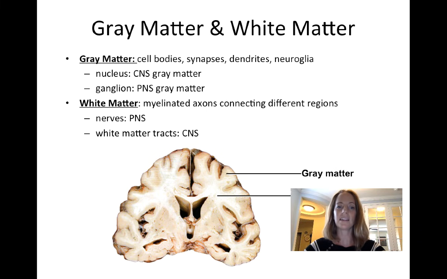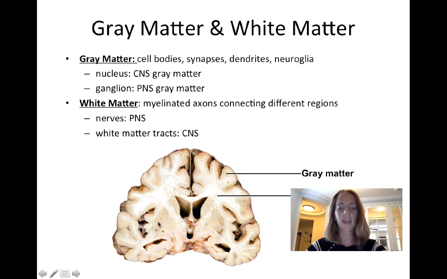A ganglion is a group of cell bodies in the peripheral nervous system. When we talk about nerves, we're referring to the peripheral nervous system. That's white matter or myelinated axons connecting regions of the peripheral nervous system. If we talk about tracts, that's myelinated axons within the central nervous system.